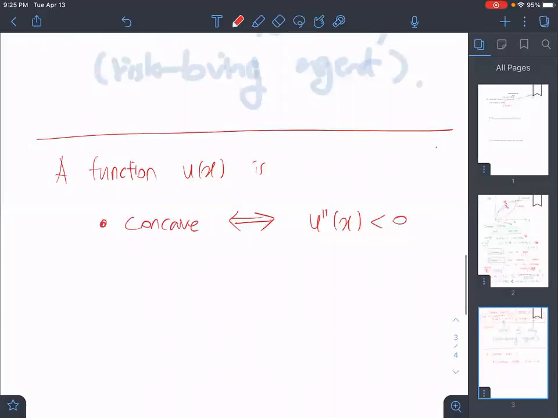This is notation for the second derivative of u. If I differentiate u twice and this is a negative value, then I can say that u is a concave function. This is also true.